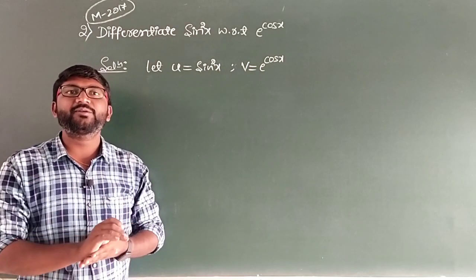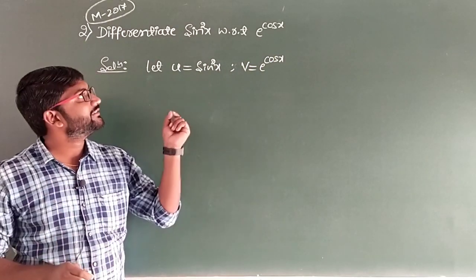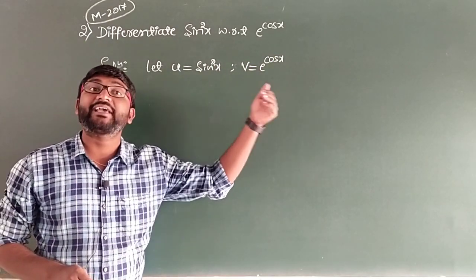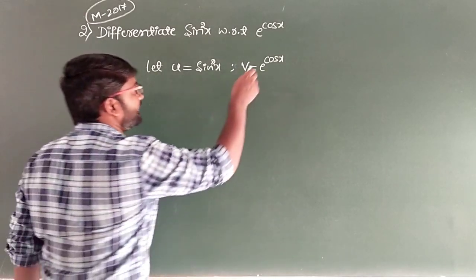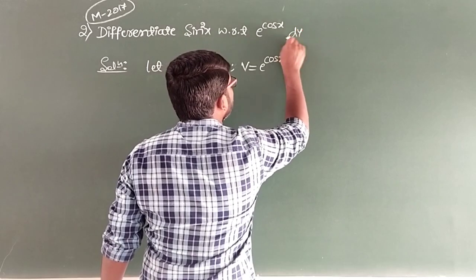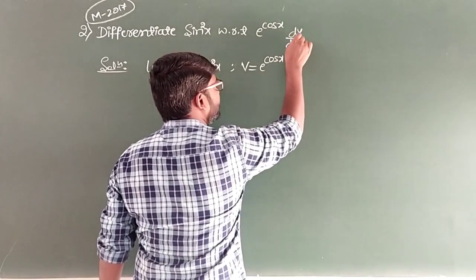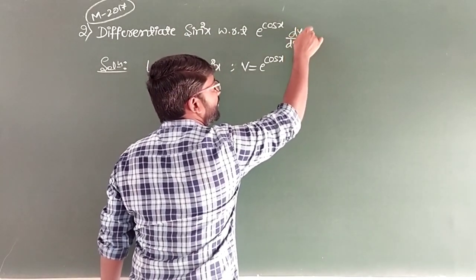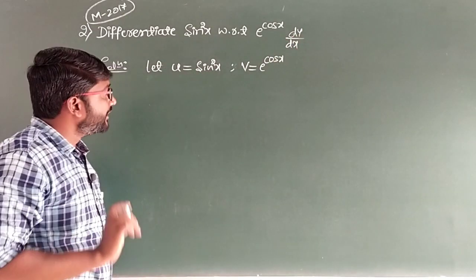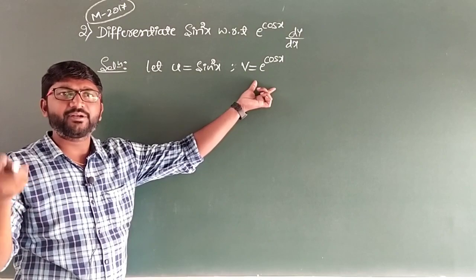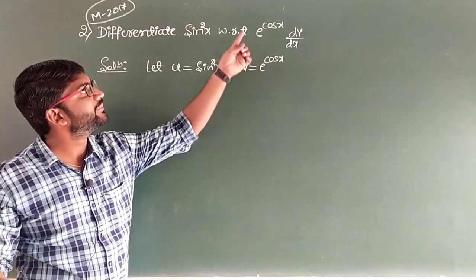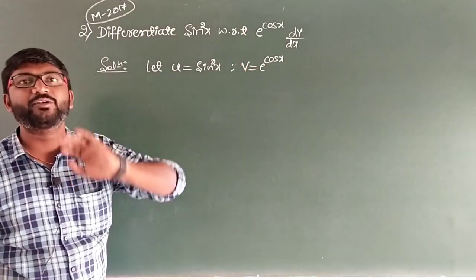Till here we have solved questions like find the derivative of the function with respect to x. With respect to x, we have x in the denominator, for example differentiation of y with respect to x, so it is dy by dx. Now we will have to find du by dv, the derivative of u with respect to e power cos x.